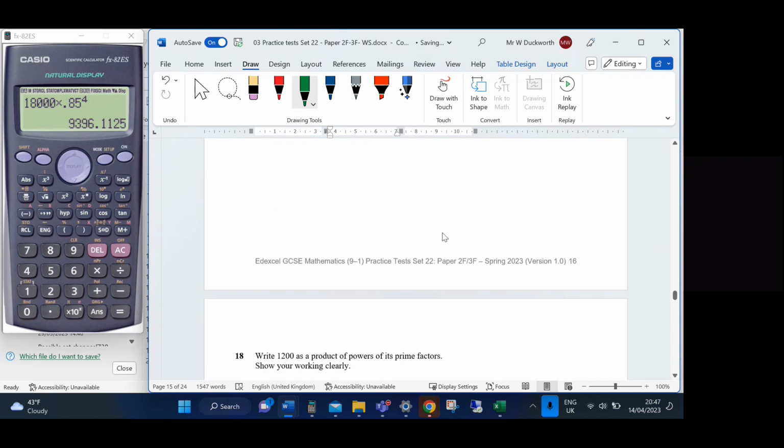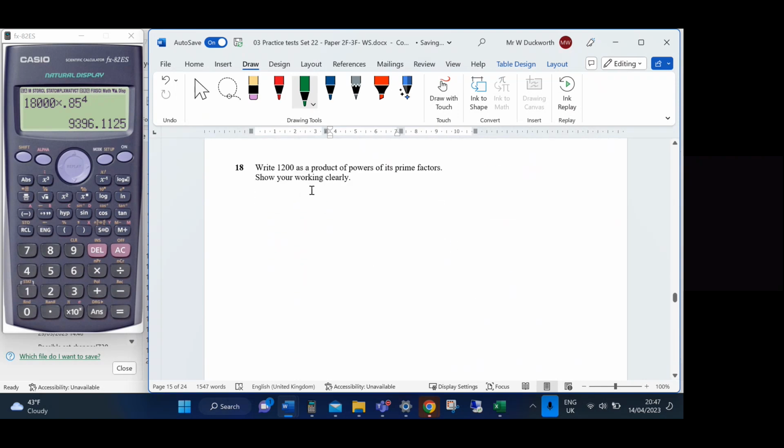Okay, question 18. Write 1,200 as a product of its prime factors. Show your working clearly. I always do my factor trees in the same way: I pick off the smallest prime factor, which in a lot of cases is 2.